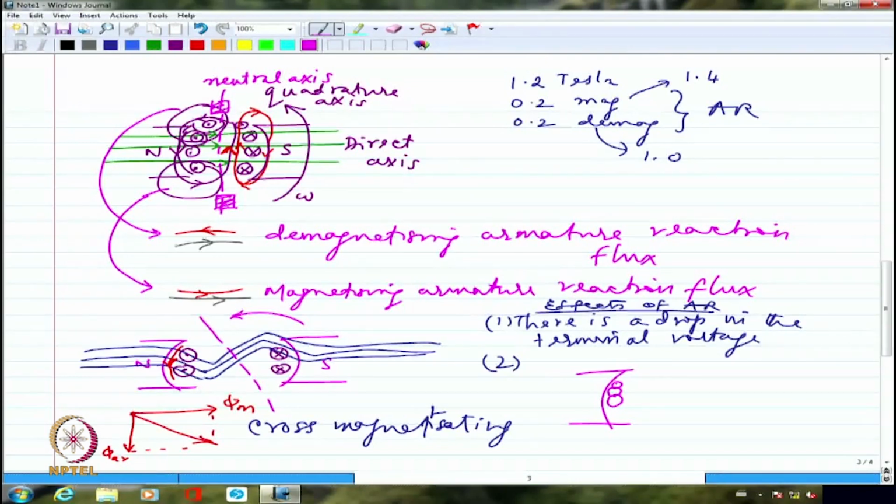So if the armature current is a dot, this will be carrying a cross and vice versa. So they will be in anti-series with the armature. So I would have cross as the current here, if I am having dot in the armature conductor.